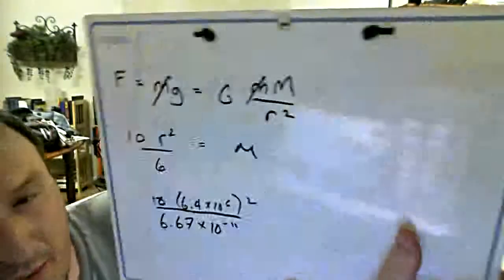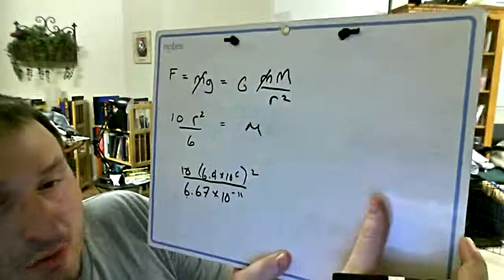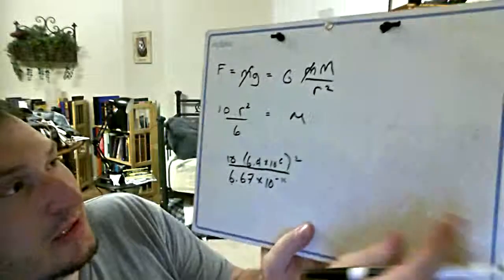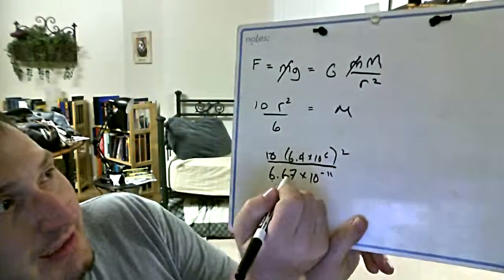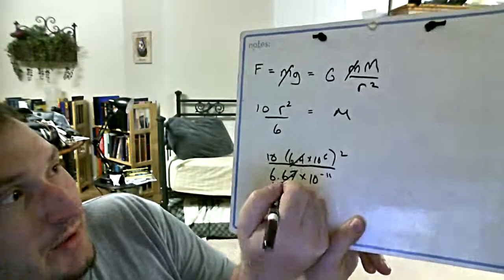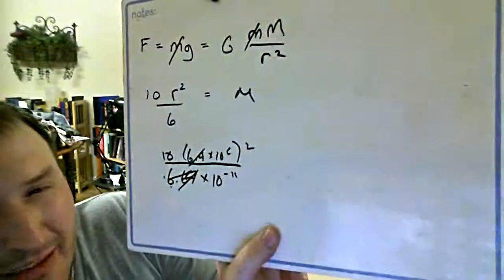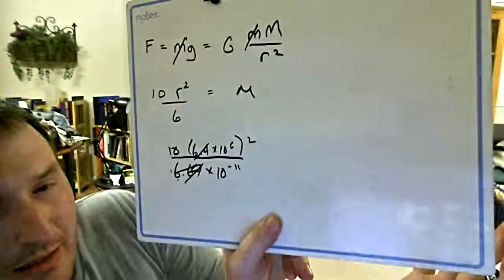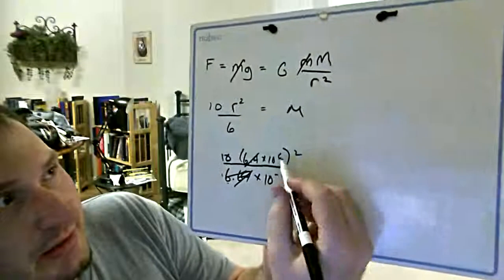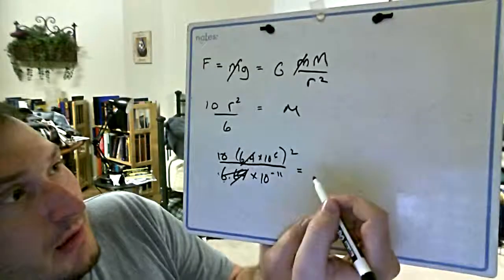I'm doing a bit of a quick move here to knock some stuff out. The 6 on the top, 6 on the bottom. I'm going to knock one of those out, and so it's going to leave me with a 6 on top. And then basically all I'm left with is the scientific notation, 10 to the power of whatever.